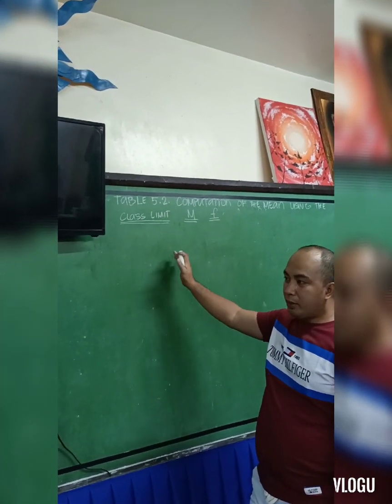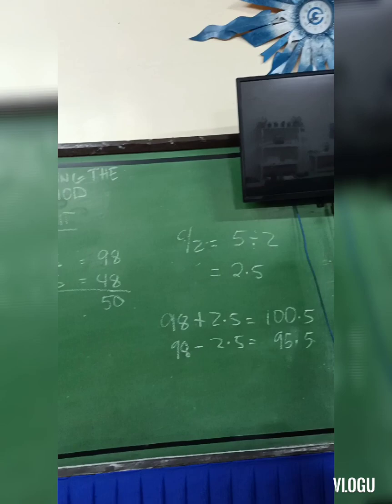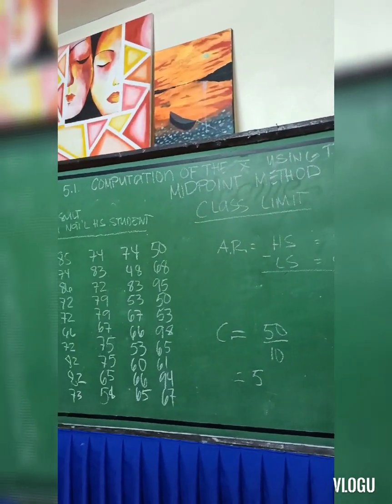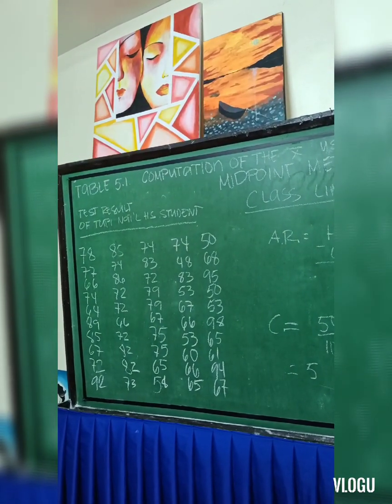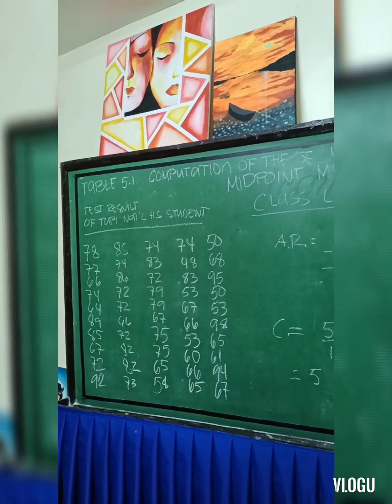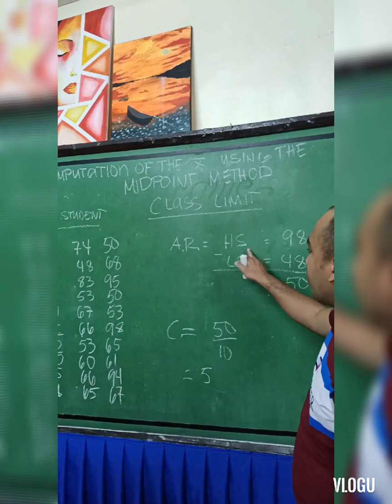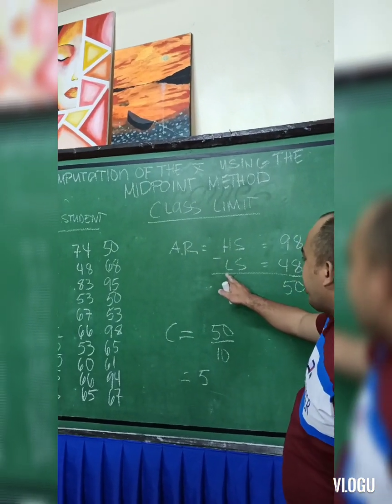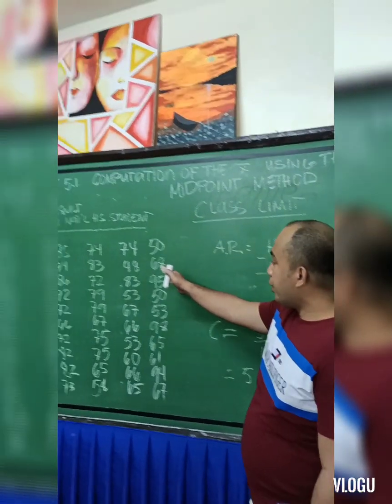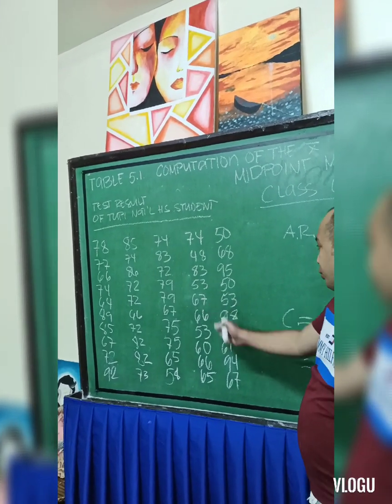Simply, we first find the absolute range. To do that, we just look for the highest score and subtract the lowest score of the test result of Tupi National High School students.